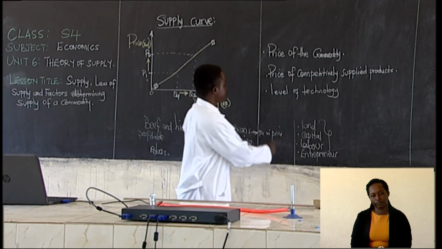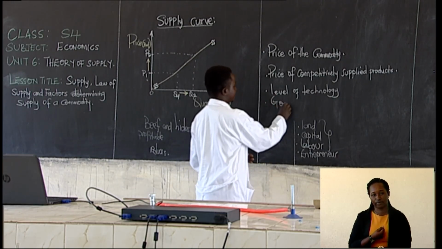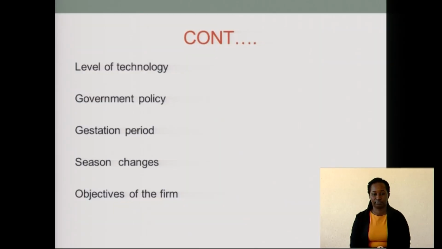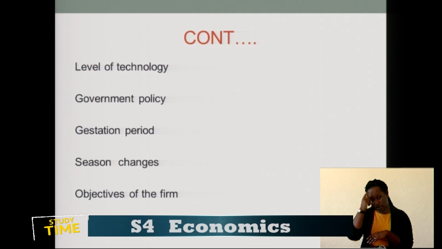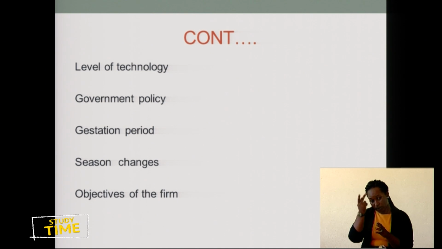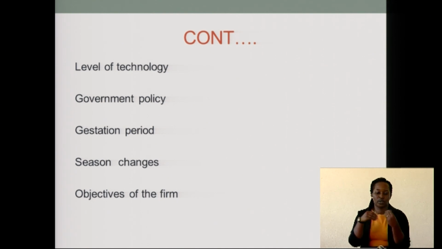Then we have many factors, like government policy. Government policy affects the supply of goods and services. Now, if the government policy is favorable, maybe there is some subsidization, low taxation on the production of given goods, that will increase the supply of such a product.